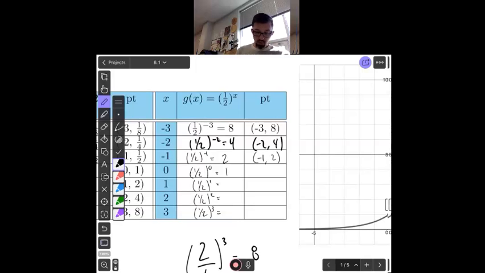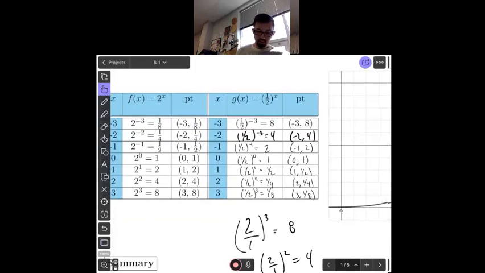Anything to the 0 power is 1. Of course, 1/2 to the first power is 1/2. 1/2 times 1/2 is 1/4. And then 1/2 times 1/2 times 1/2 is 1/8. So you should see how these are just kind of opposites of each other.